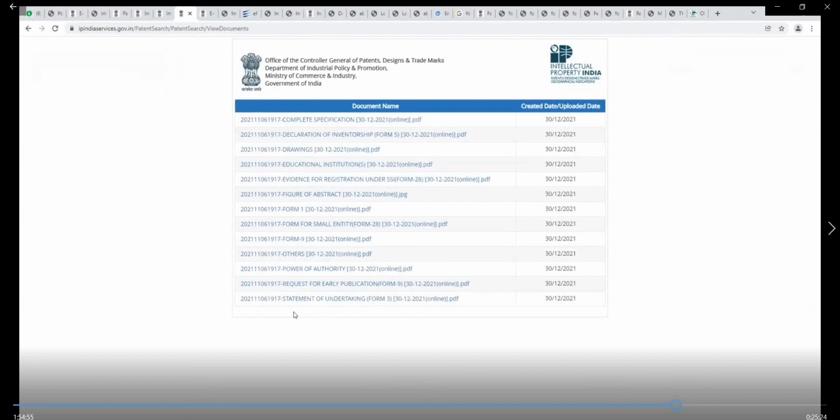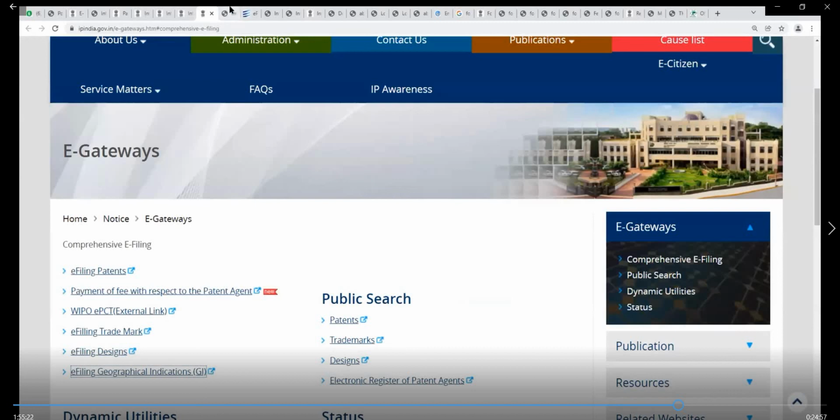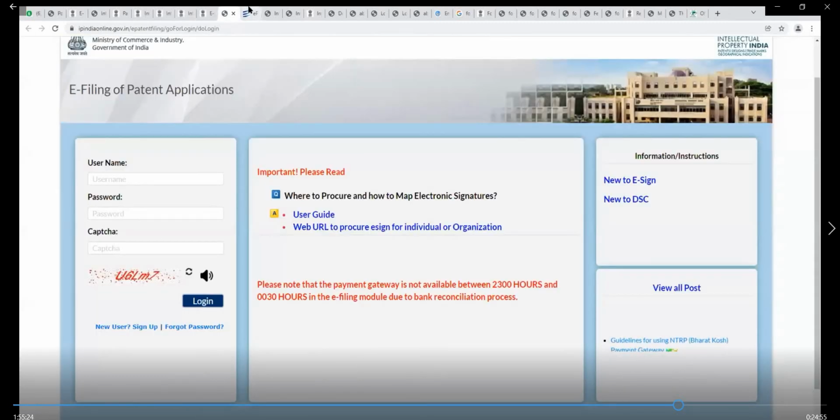The published documents include the complete specification, declaration of inventorship, drawings, educational institution fee waiver evidence, figures of abstract, Form 1, Form 9 for early publication, power of attorney, request for early publication, and statement and undertaking. So this is how it looks.